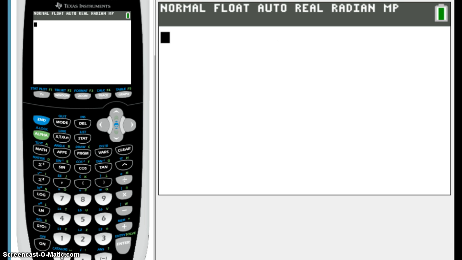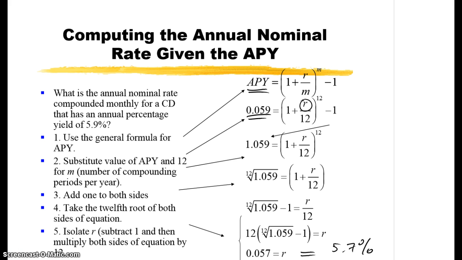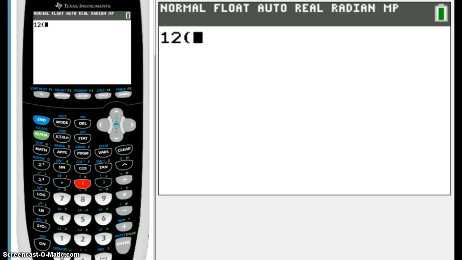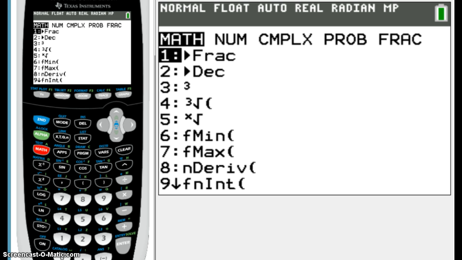Okay, so in our calculator we're going to enter 12, parenthesis, and then what we want to do next is enter the 12th root of 1.059. To do that, first you enter the index 12. That means 12th root. Go to the math key over here, and then option 5 gives you X root. That means take the root of whatever index you had entered before this operation.